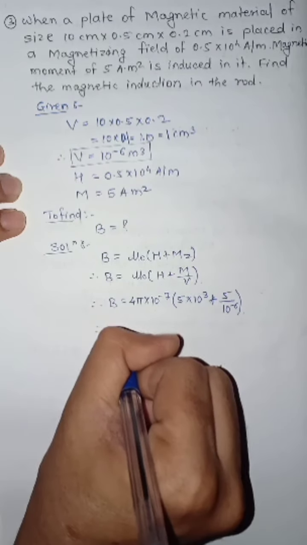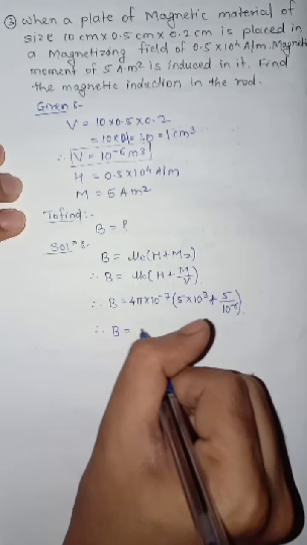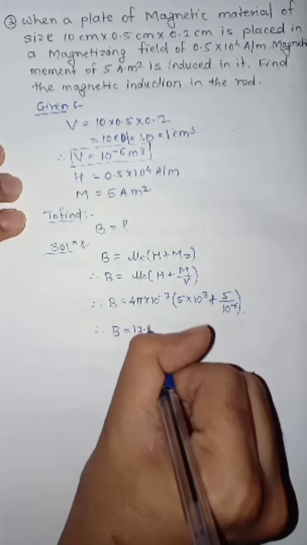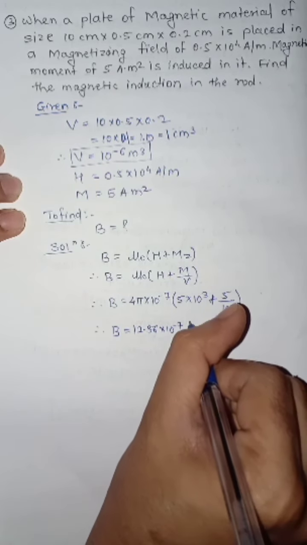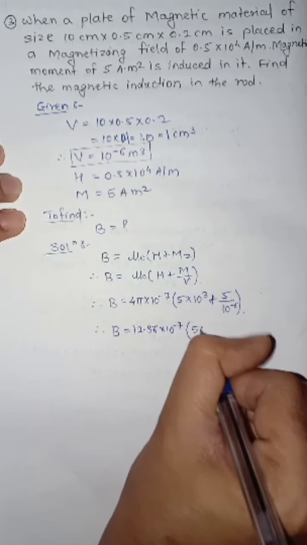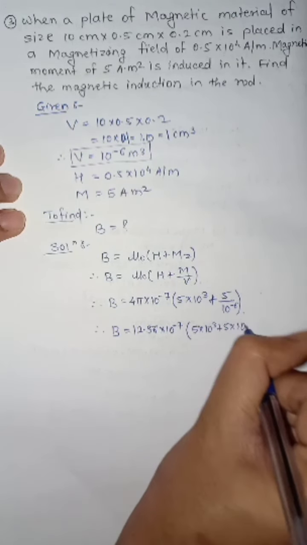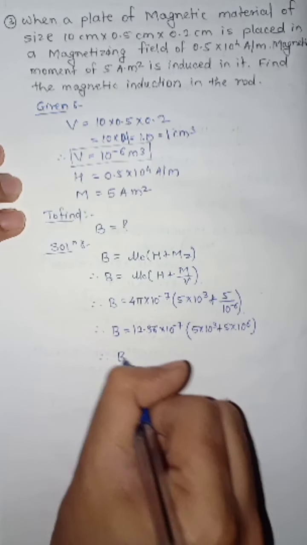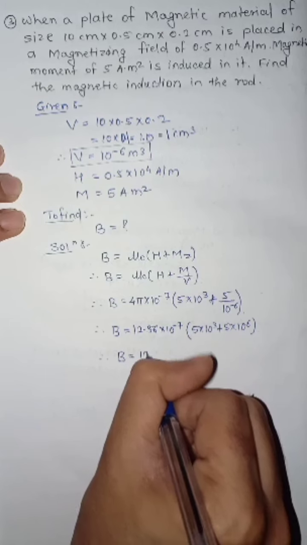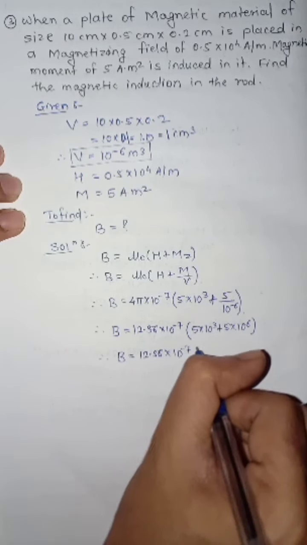Therefore B is equal to, if you multiply this 4 with 3.14, you get here 12.56 into 10 raised to minus 7, and here 5 into 10 raised to 3 plus 5 into 10 raised to 6. Therefore B is equal to 12.56 into 10 raised to minus 7.